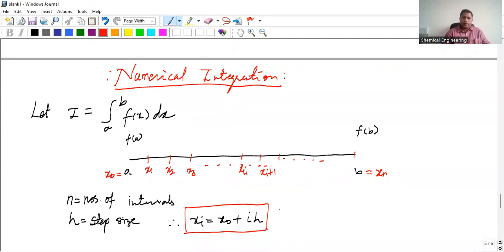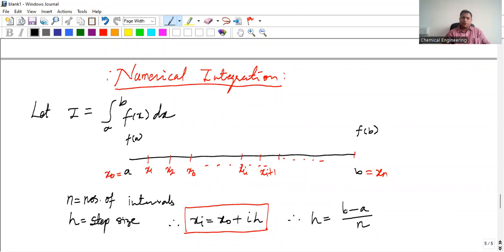How are we able to calculate the value of h? So h is equal to b minus a by n. Here n is the number of intervals, whatever number of intervals we consider, b is the final value, and a is the initial value. So when we write x0, it is going to be a, and when we write xn, it is going to be b.